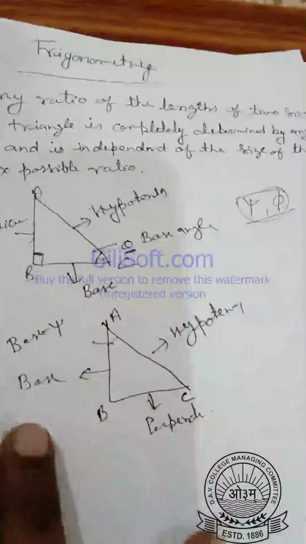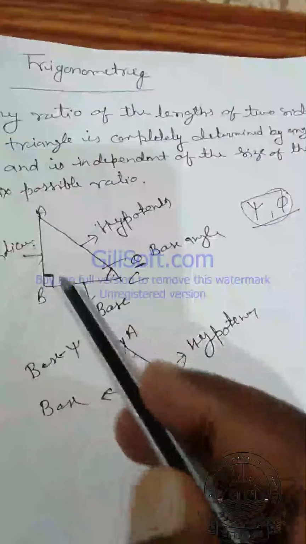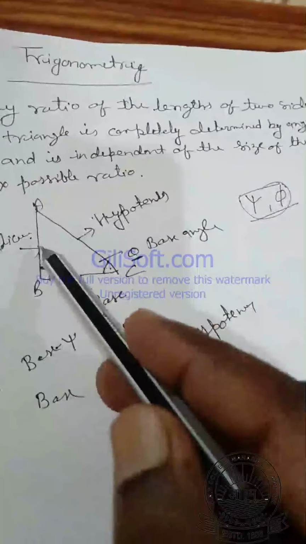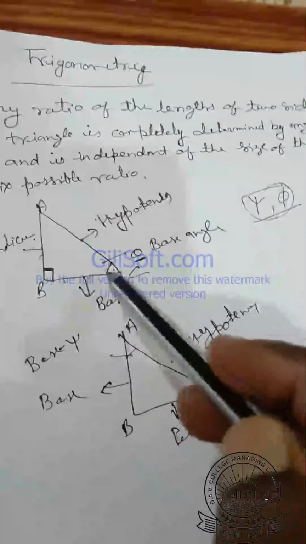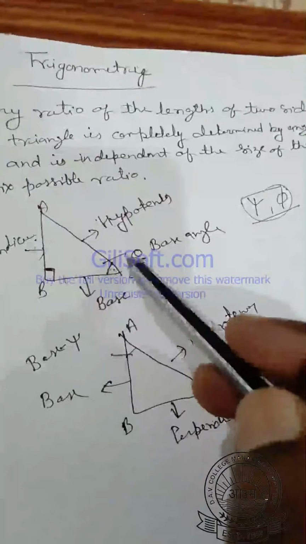Now you know that the ratio means if any one side is divided by the other side, then it gives the value of angles.